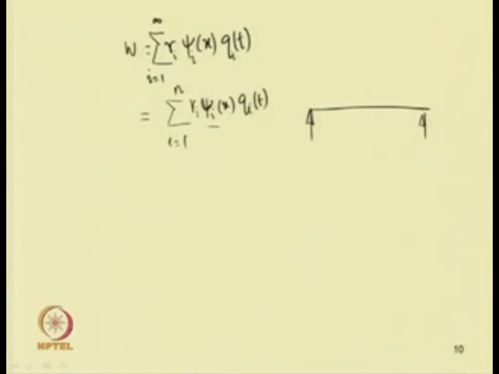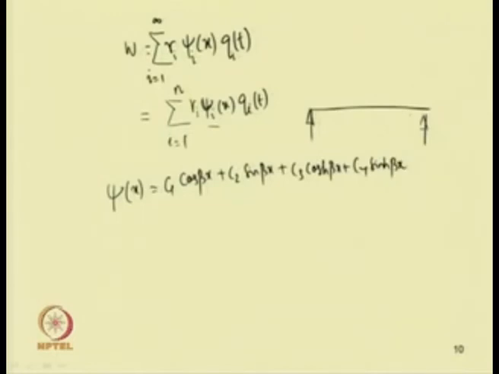For a simply supported beam, one can first write the general solution for the Euler-Bernoulli beam. So, one can write psi x equal to C1 cos beta x plus C2 sin beta x plus C3 cos hyperbolic beta x plus C4 sin hyperbolic beta x, and now apply the boundary conditions to get psi x.